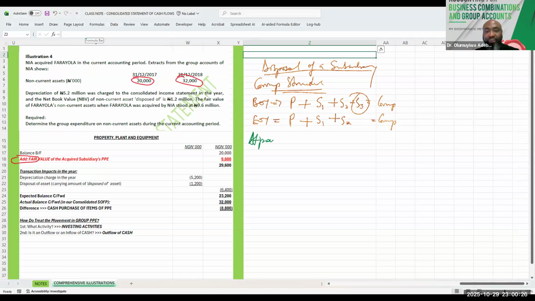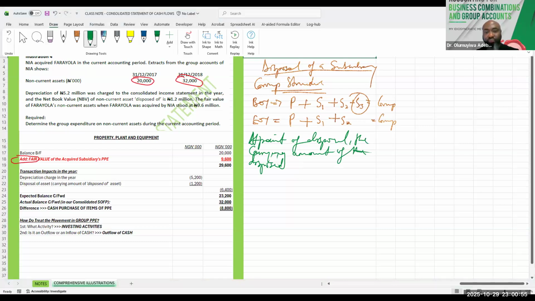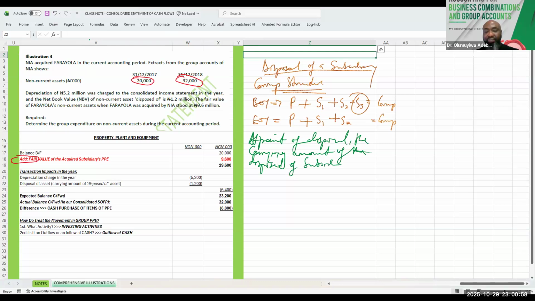At the point of disposal, the carrying amount of the disposed of subsidiary has to be adjusted as thus.